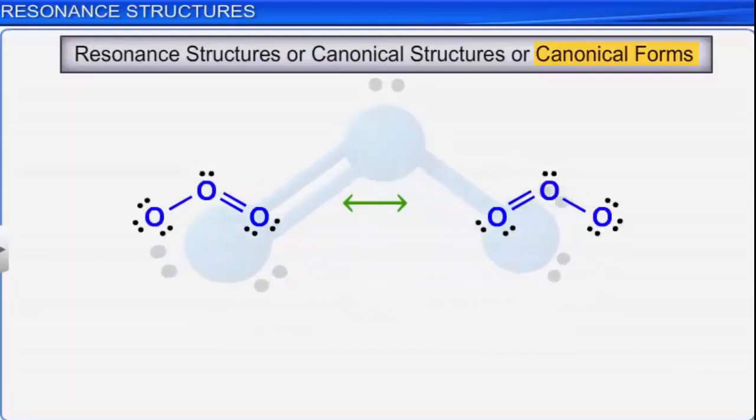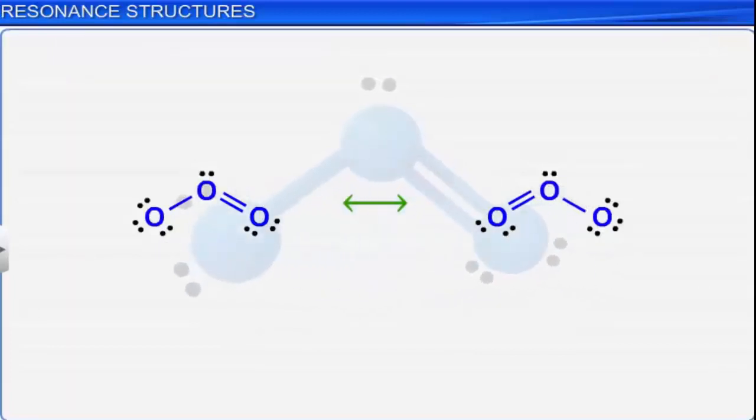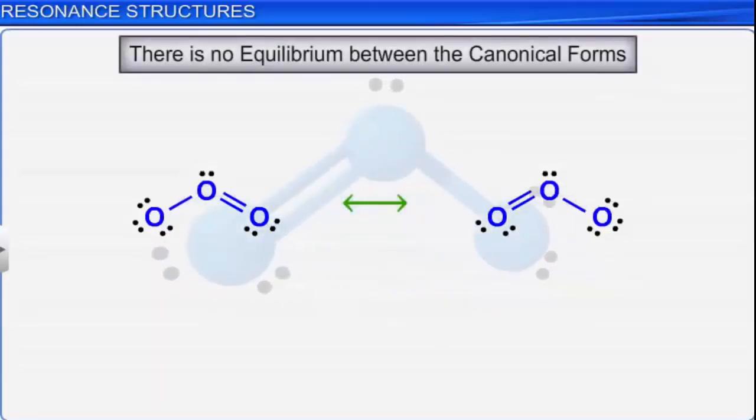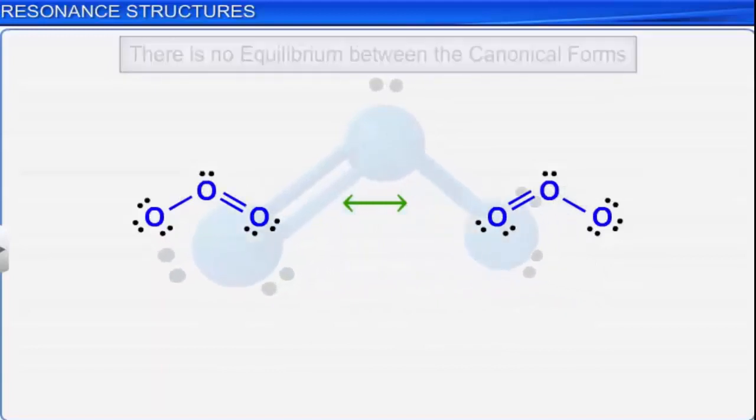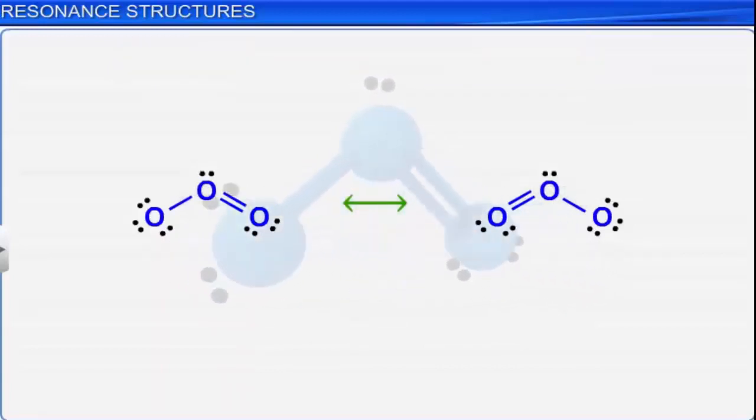Any two resonating structures are represented by inserting a double-headed arrow between them. It is important to note that there is no equilibrium between the canonical forms. All the canonical structures have similar energy and the same arrangement of atomic nuclei, but differ in the arrangement of electrons.